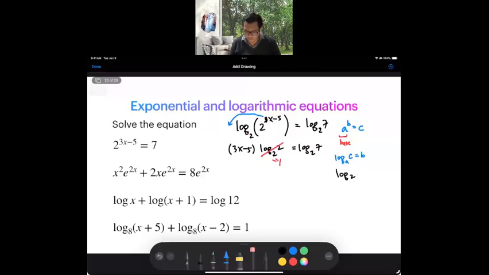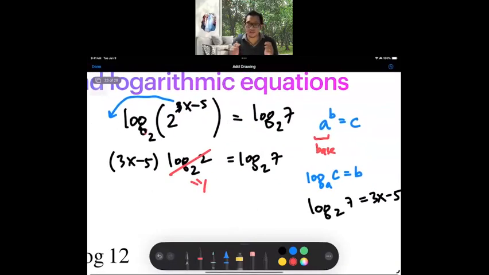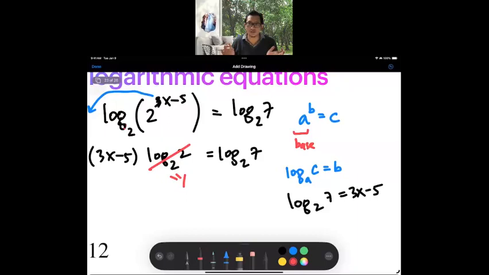Log base 7 of something is equal to 3x minus 5, which is basically the same thing when we add here. Either you use the left part or the right part, they result in the same conclusion.